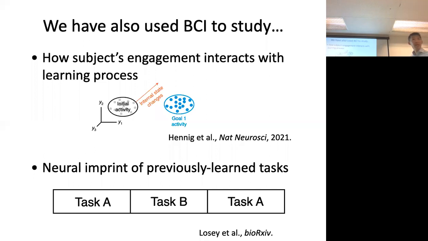But it doesn't. The neural activity that the animal produces during the second task A block is different from the neural activity that it produced in the first block in a specific way, that is specific to what the animal learned in the intervening time. In other words, the animal is able to do task A proficiently while retaining a memory of what it learned during this task B block.